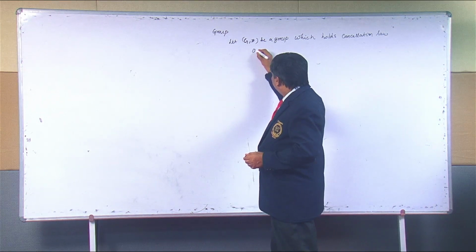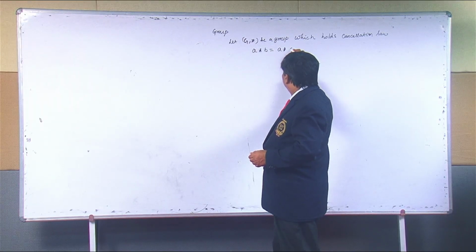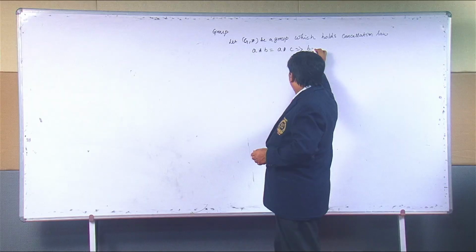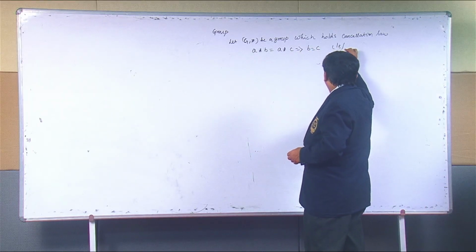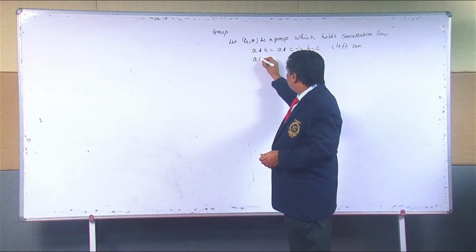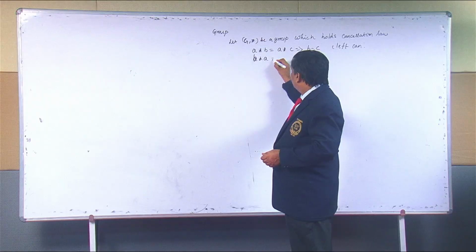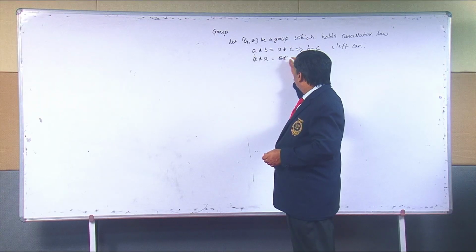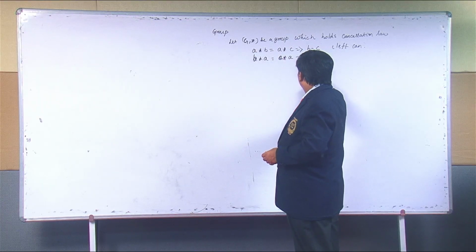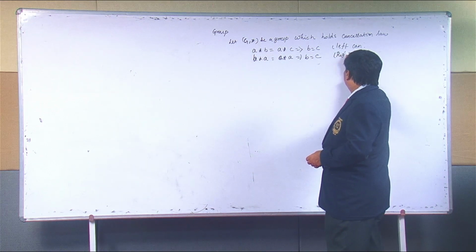For example, A star B equal to A star C, which implies B equal to C. This is called left cancellation law. Similarly, B star A equal to C star A, which implies B equal to C, which is nothing but a right cancellation law.